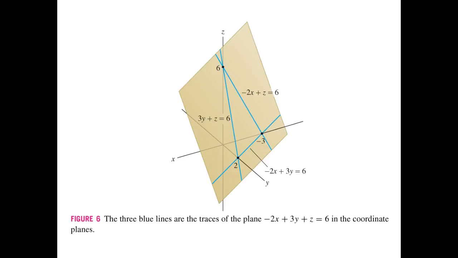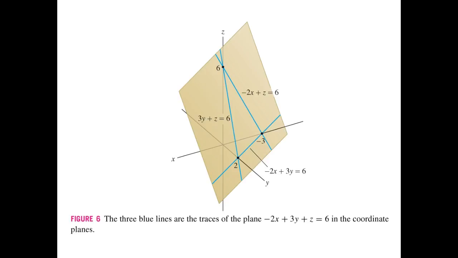Now, graph the plane, then find its traces on the coordinate planes. Wrong order. Okay. Far easier to find the traces than to try to graph it first. Pick out the places that make sense for you first. Okay? And what makes sense to me is, say y and z are 0.